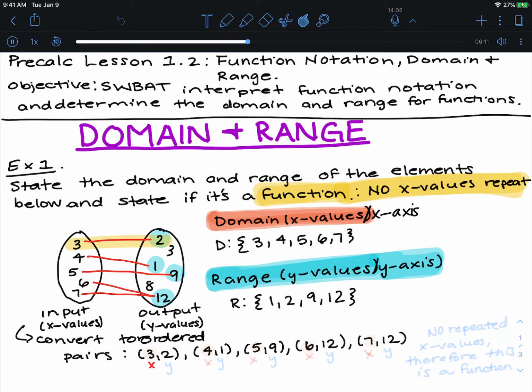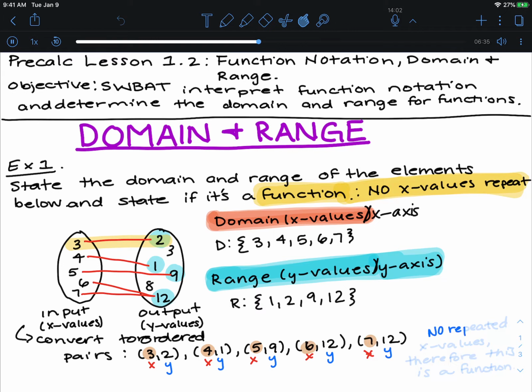That means that this is X, X, X, X, X, versus this being Y, Y, Y, Y, Y. So I want to look at all of the X values. Do any of those values repeat?